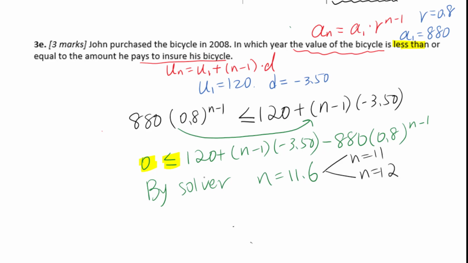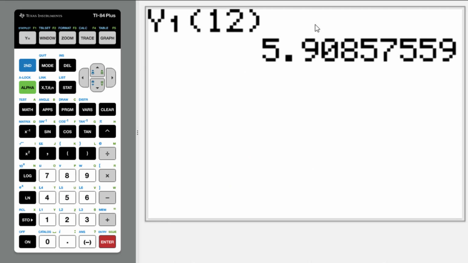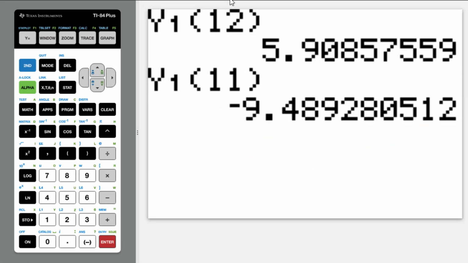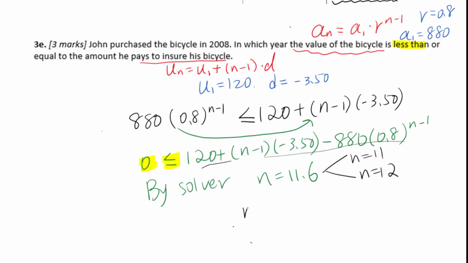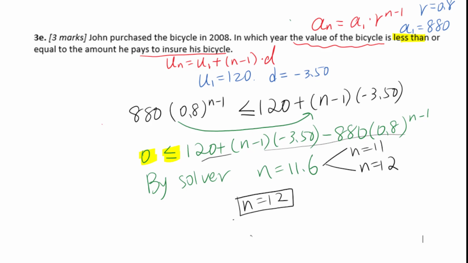We plug back into this inequality. We know n equals 12 will be the solution. So how do we calculate the year? We know when n equals 1 it is 2008.